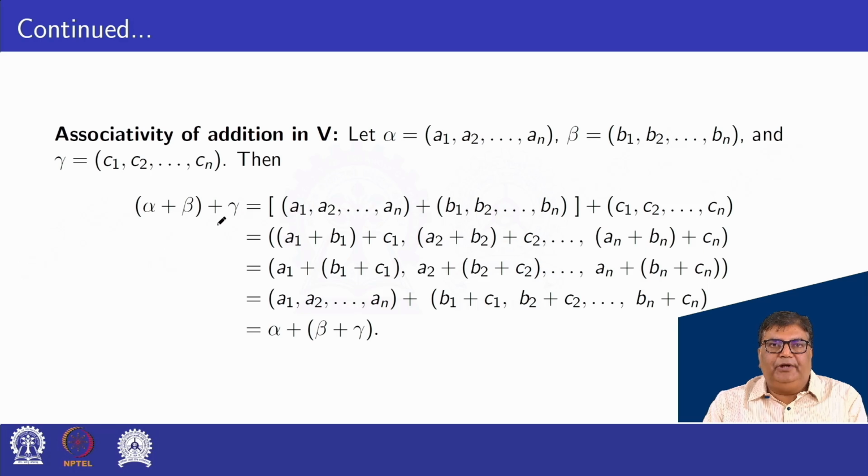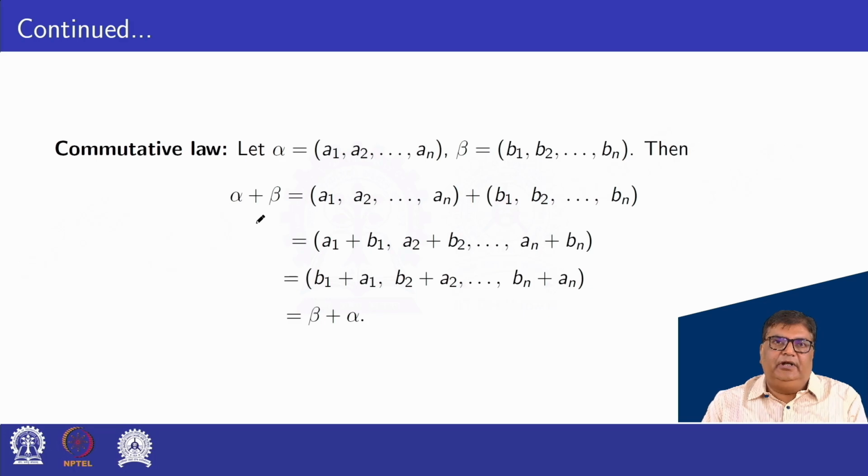So alpha plus (beta plus gamma) equals (alpha plus beta) plus gamma. That is, associativity of addition of vectors is satisfied.